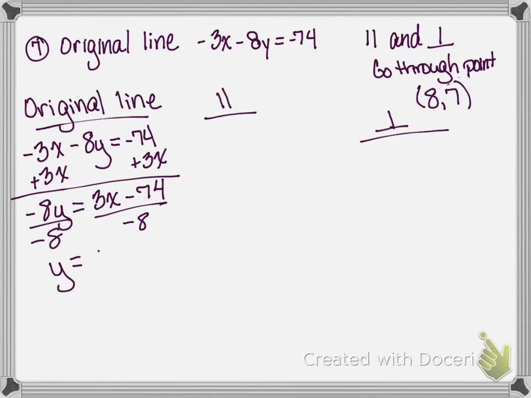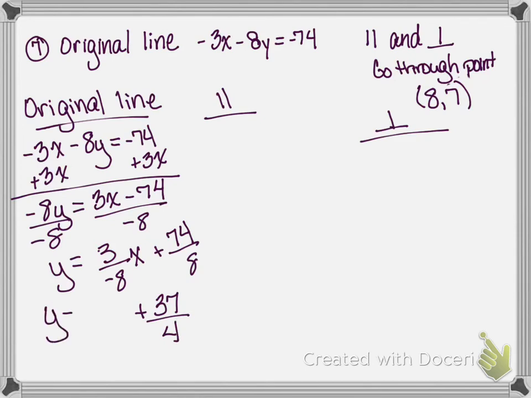Positive 3 over negative 8x plus 74 over 8. Now that 74 over 8 simplifies to 37 over 4. But it really doesn't matter because the only thing that I need is the slope. I don't need anything else from this original line. I only need the slope.